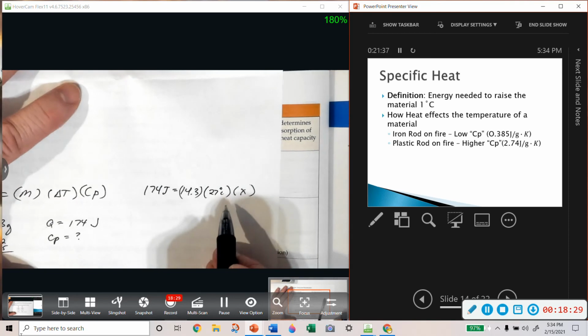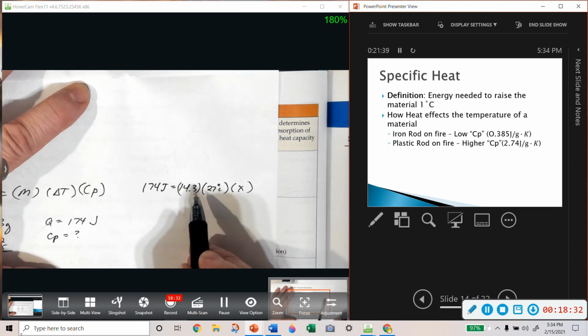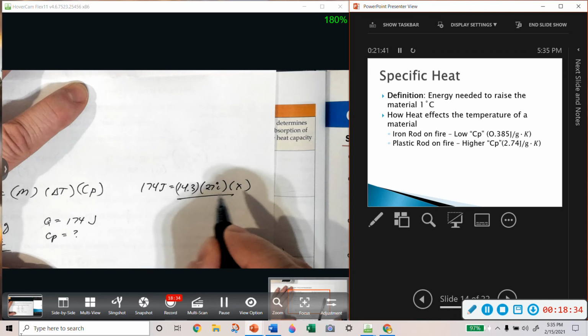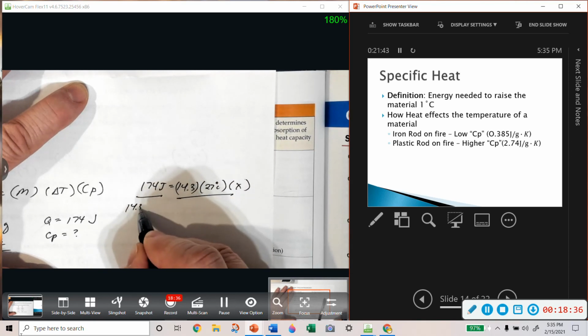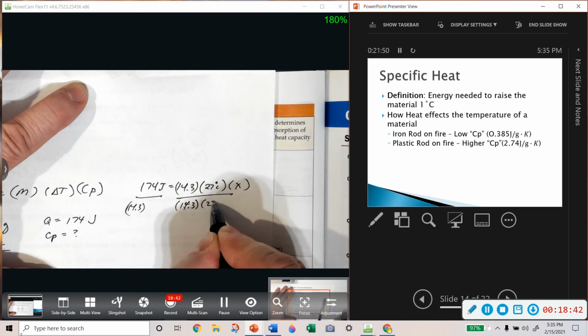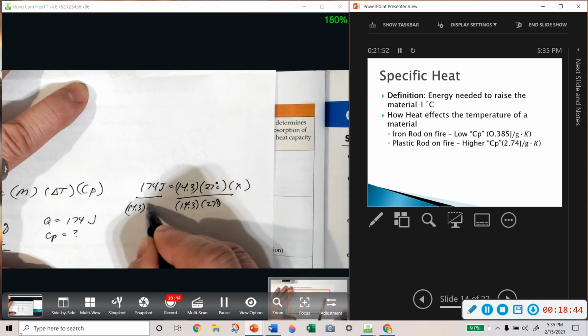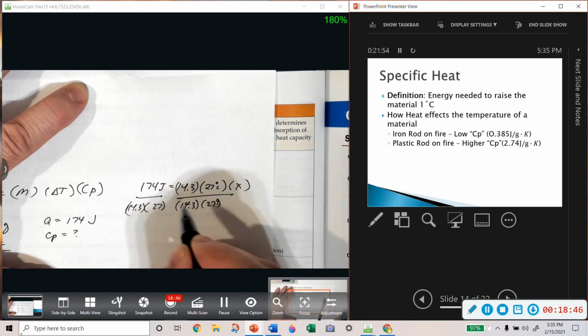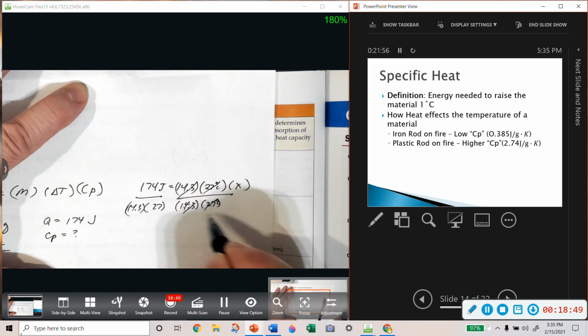Okay? So if X is by itself and I'm multiplying by everything, then I'm going to divide by these two on both sides so I can move them over. 14.3 and 27 degrees Celsius. So then these cancel out and X is by itself.